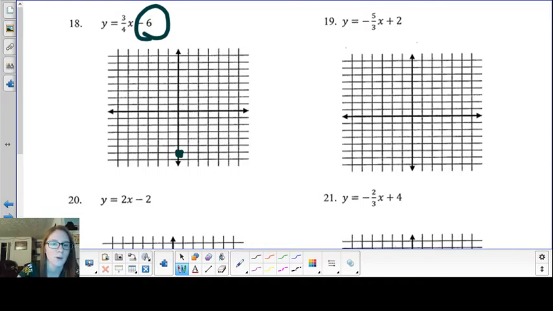And then we're going to go up 3 to the right 4. 1, 2, 3, 1, 2, 3, 4. He's going to be off there a little bit. I didn't want only 2 points, so I know he's off a smidge. Just go ahead and put it on there for me. I know earlier I said don't graph it if it's not going to be on there, but I need more than 2 points.